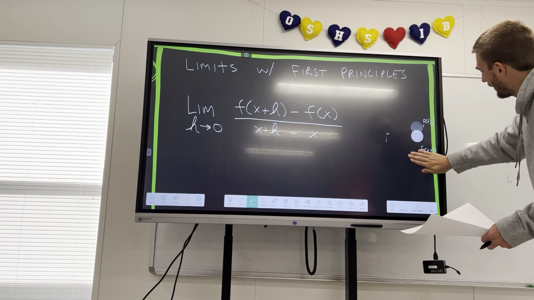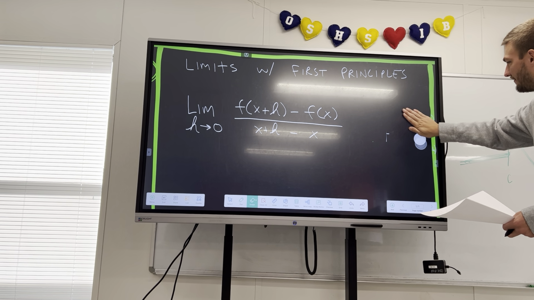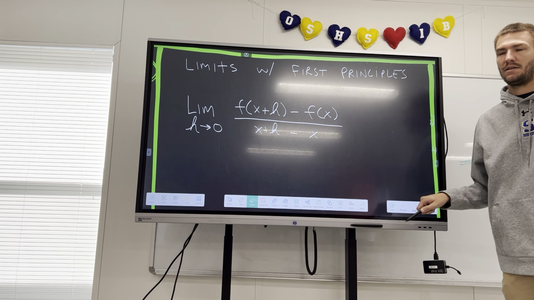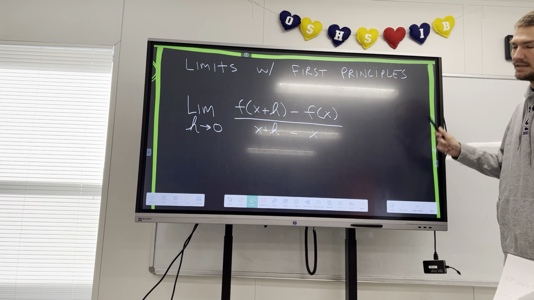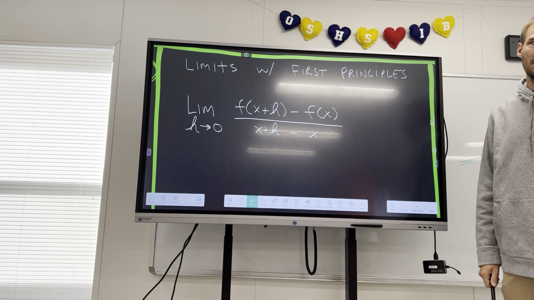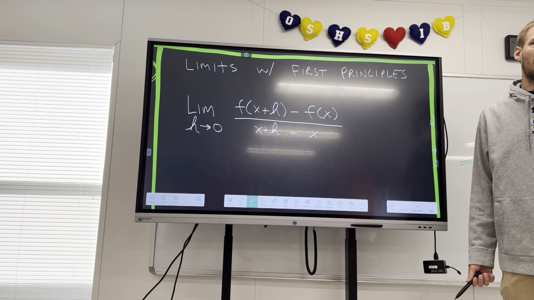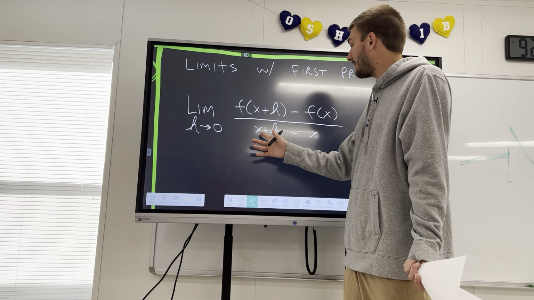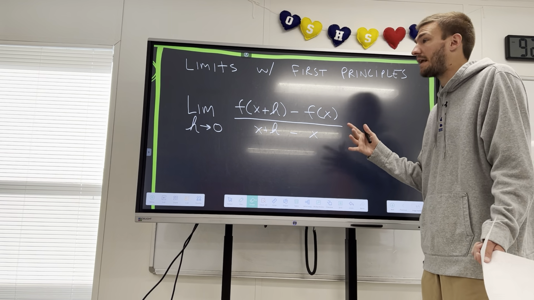Okay. The denominator of this big ugly limit. What's going on in the denominator down there? x plus h minus x. Of course, right? We don't need this x nonsense. x plus h, okay, that makes sense. And subtracting the other x, okay, that makes sense.